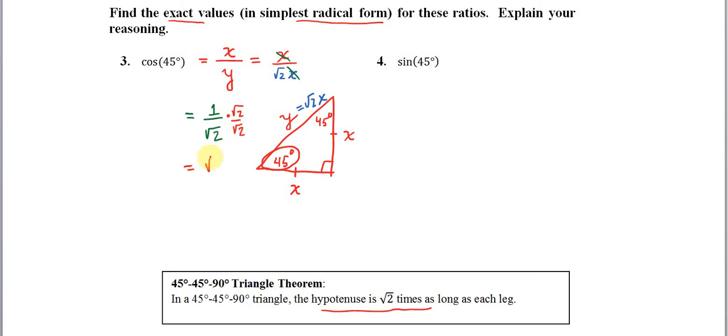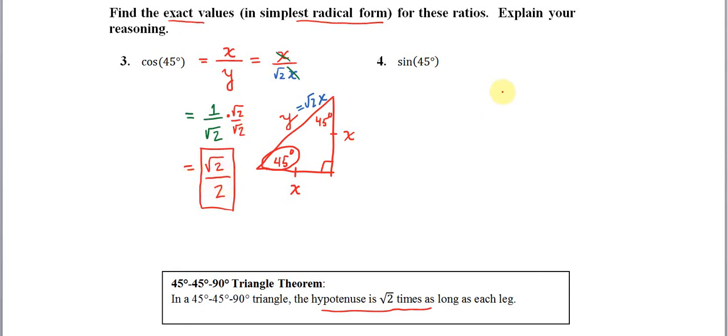Our final answer, we have the square root of 2 in the numerator and just 2 in the denominator. So from this we can say that the cosine of a 45 degree angle is always equal to the square root of 2 divided by 2. This is the exact and most precise representation of the cosine of 45.